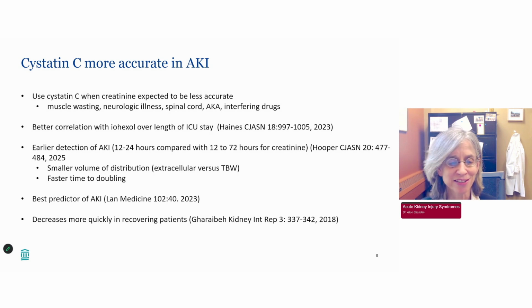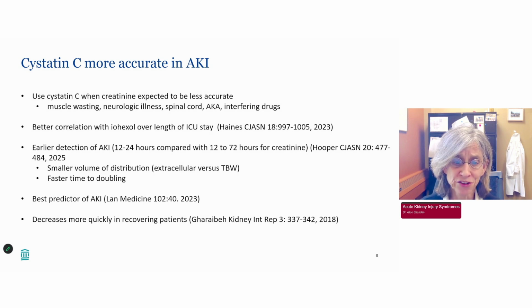What is perhaps, I might suggest, almost equally important was this study from Mayo, actually published in 2018, that the cystatin C also predicts recovery before creatinine. This was a very lovely study of 63 patients who had severe stage 3 AKI that was non-oliguric. It's an important distinction.